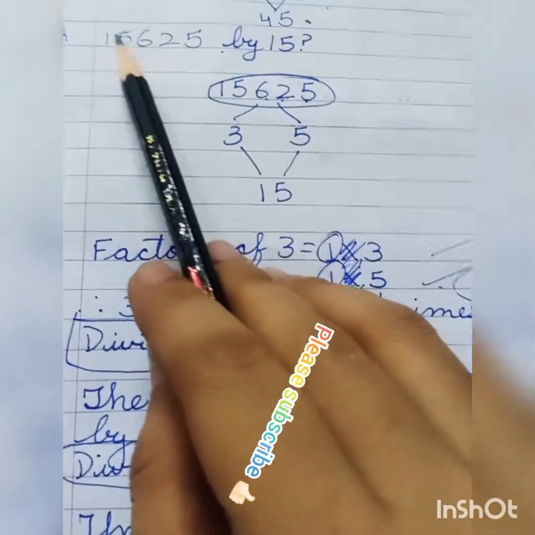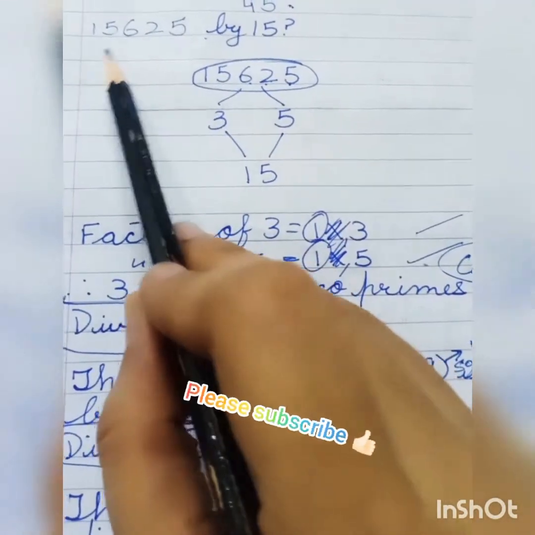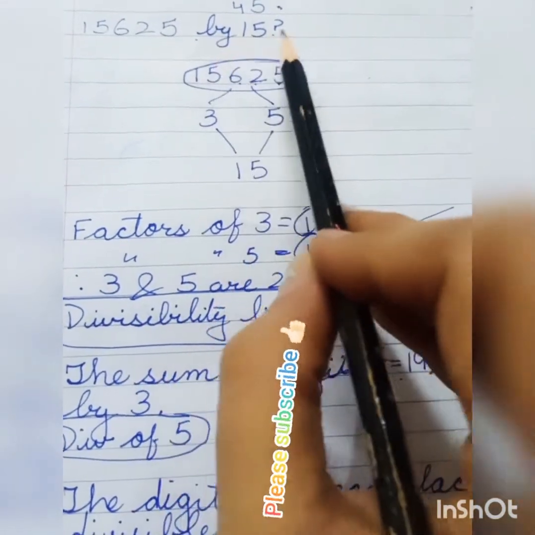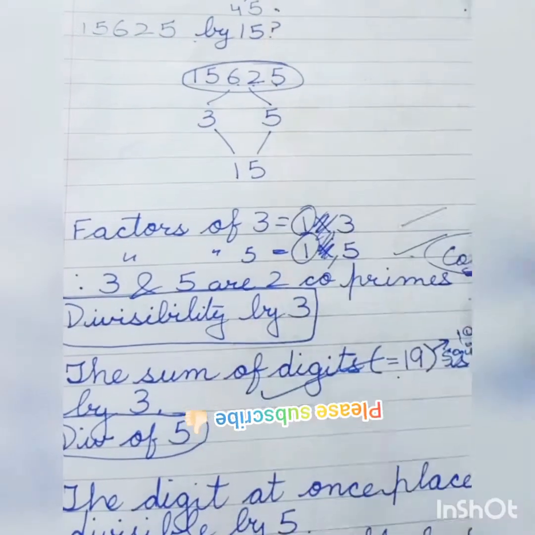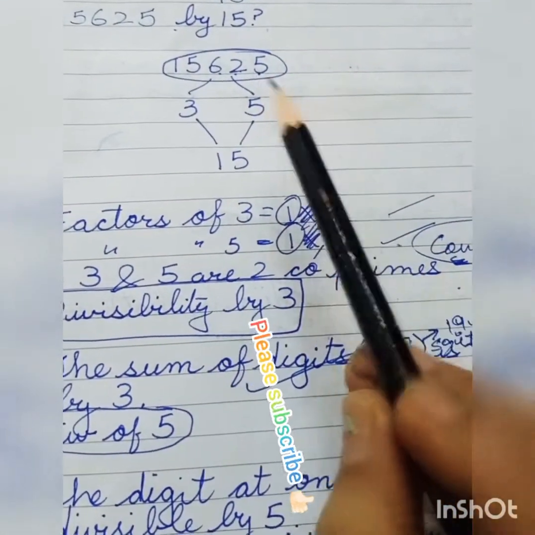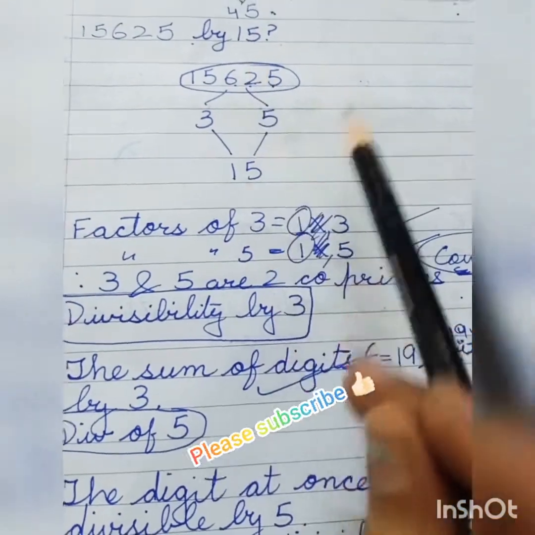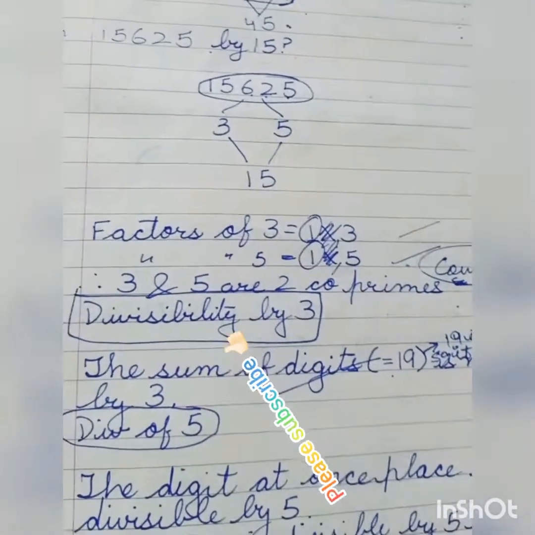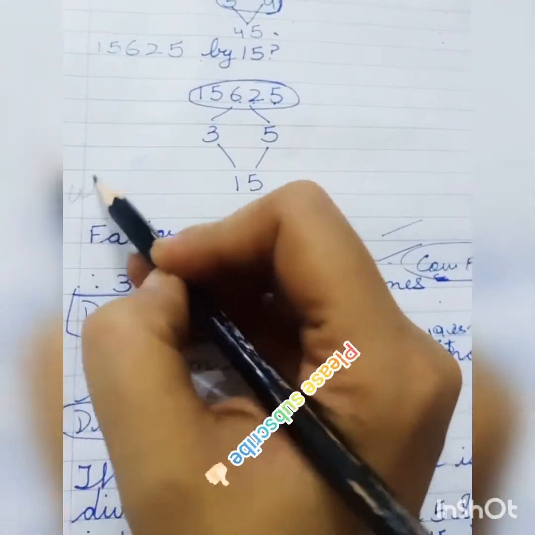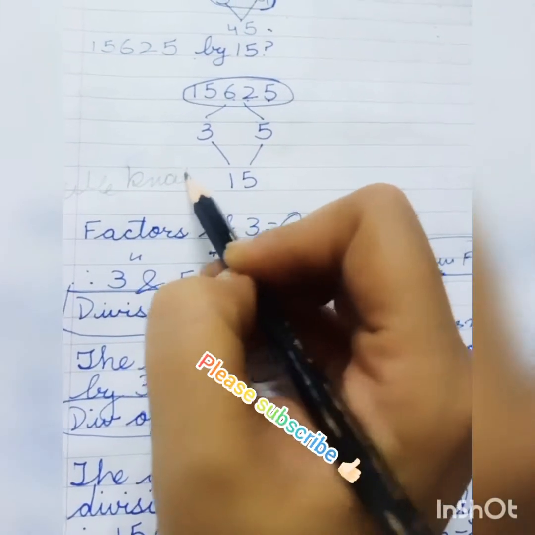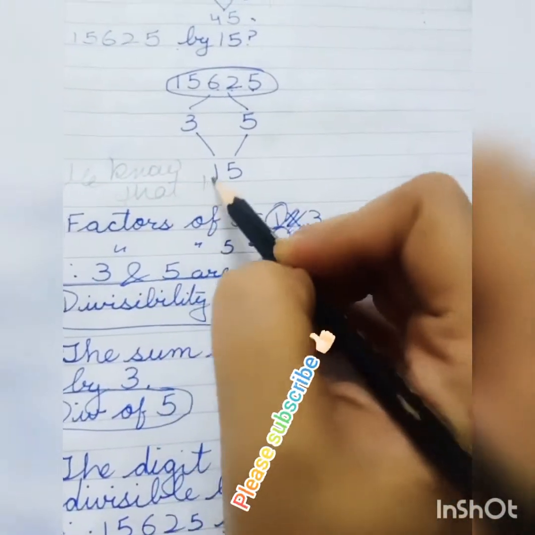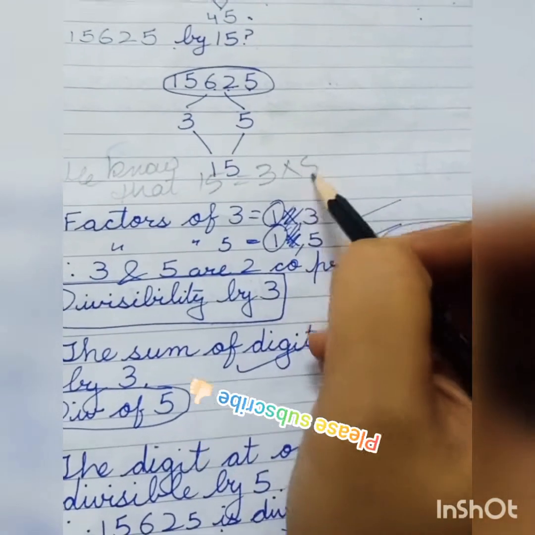So let's take the first part, that is whether 15625 is divisible by 15. First we have to find this. Now 15625, whether it is divisible by 15 or not, we know that, so we can write here first step, we know that 15 is equal to 3 into 5.